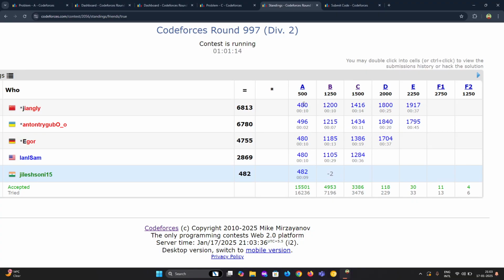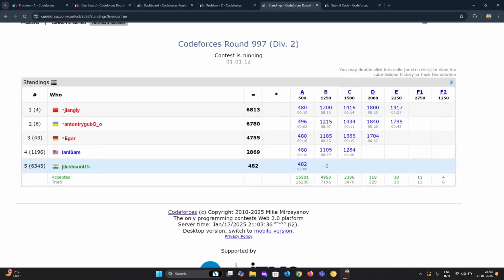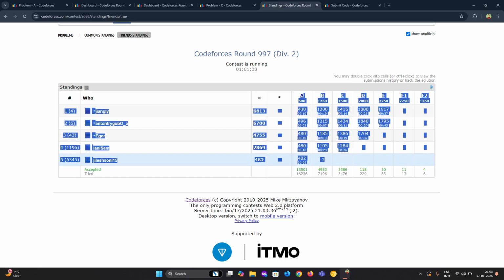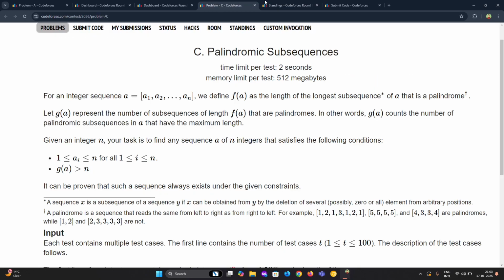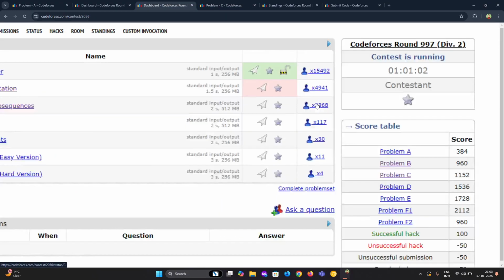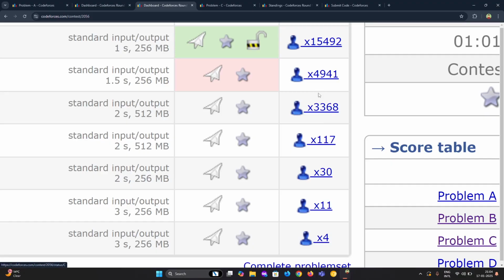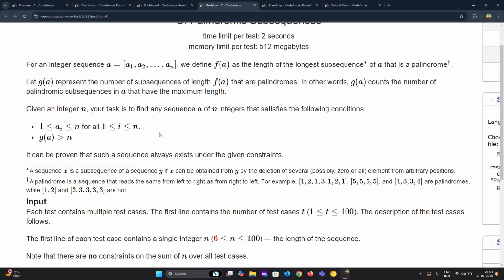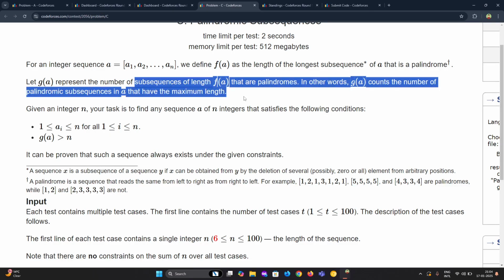Great. I solved this before them. How? Okay, let's try C. Because I can see that C and B almost have similar summations. Let's just read C. For an integer sequence, we define fa as the length of the longest subsequence of a that are palindromes.